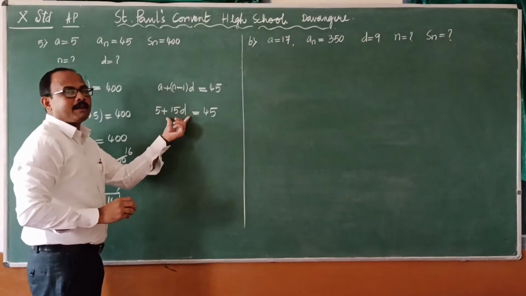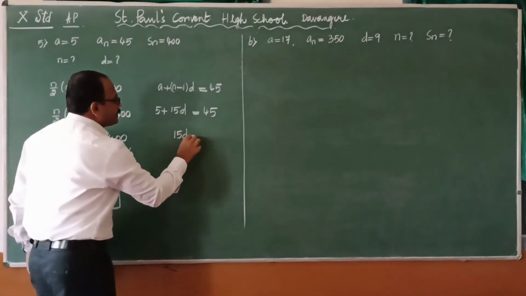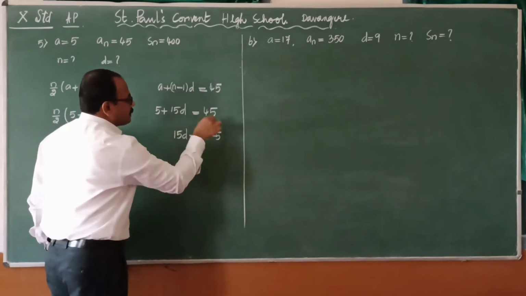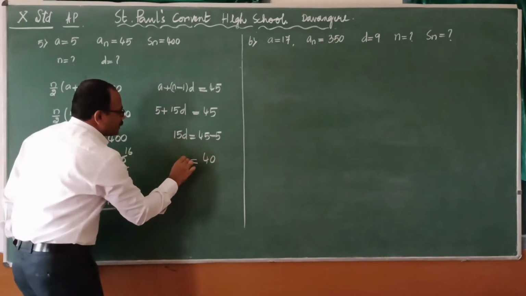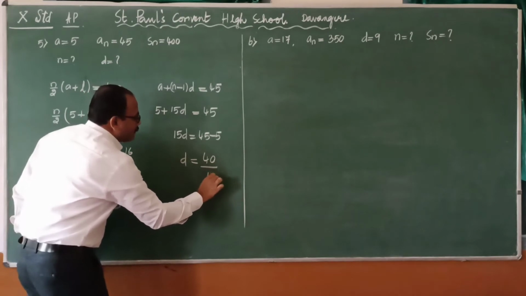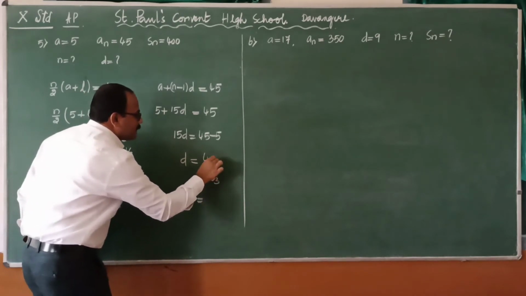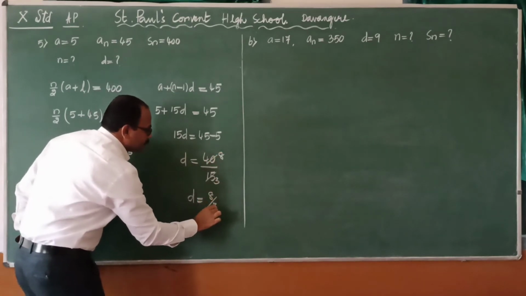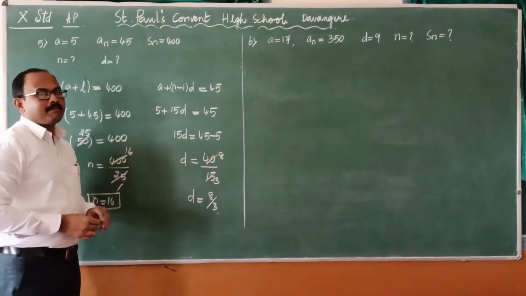Linear equation having one variable, degree is 1. 15d is equal to 45 minus 5 because of transposition. This will be equal to 40. Then d will be equal to 40 by 15 by cross multiplication. This is 8 times 5, this is 3 times 5. D is equal to 8 by 3. Likewise, n and d can be calculated.